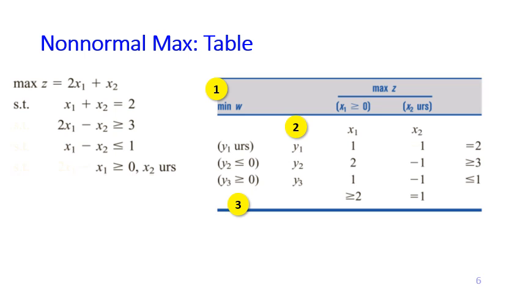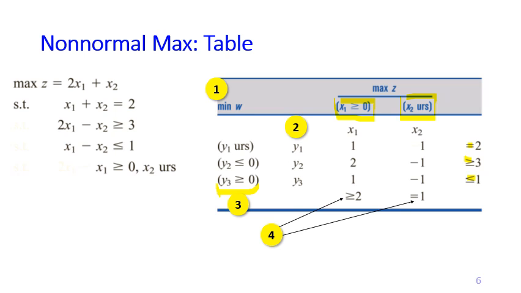So the sign restrictions of the dual variables are related to the signs of the constraints in the primal, which means that the signs of the constraints in the dual are related to the sign restrictions of the primal variables.